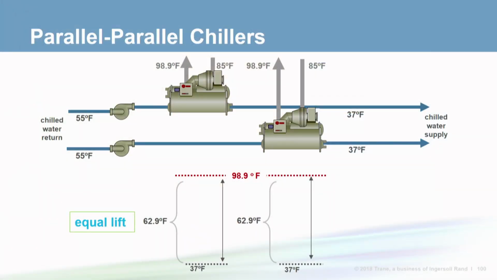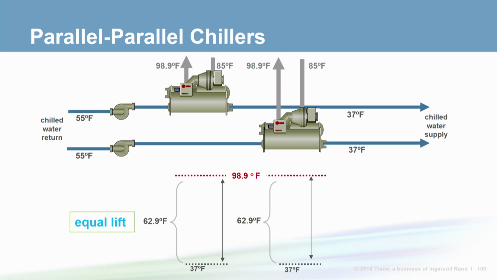So now let's look at a common way to install chillers in a multiple chiller plant. Shown here is a pair of chillers piped in a parallel arrangement and manifolded into a common supply header. Each chiller has its own dedicated chilled water and condenser water loop, and the chillers are designed to produce 37-degree chilled water with a 55-degree return temp.